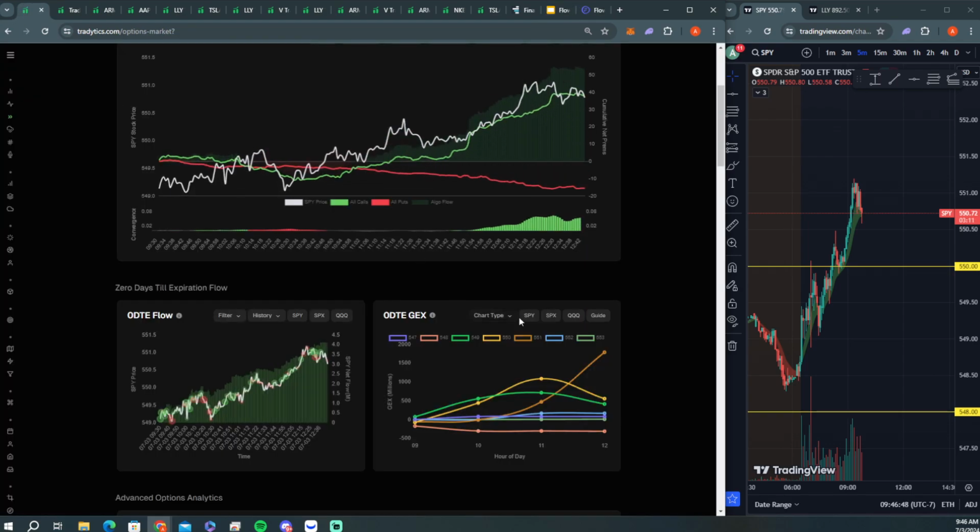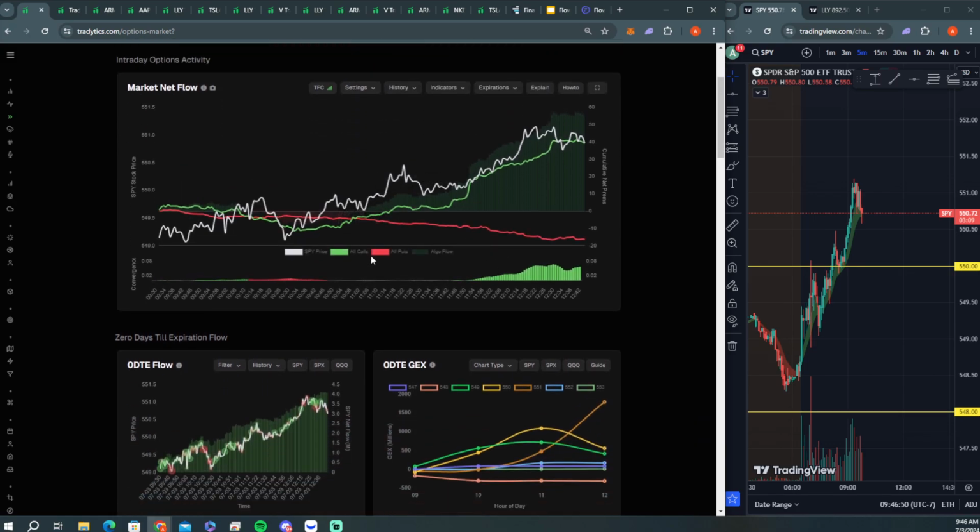So market net flow, this is the live flow for you guys today. I'll base examples off of this. I talk about this in High Roller every day. I use it specifically for my trades. So the green line here are calls, and then the red line down here are puts. If the green line is going up, there's a lot more calls being bought.